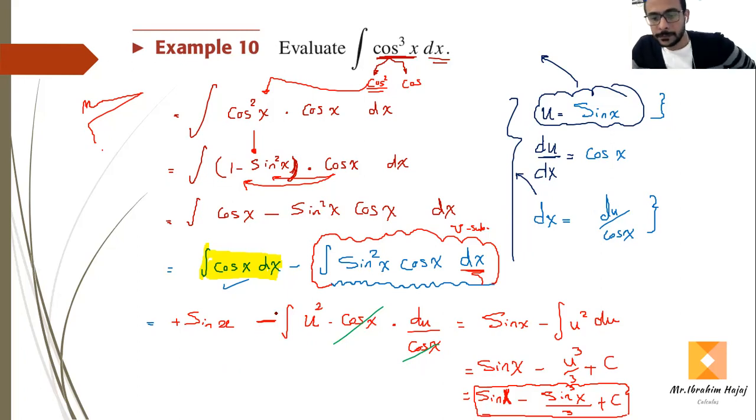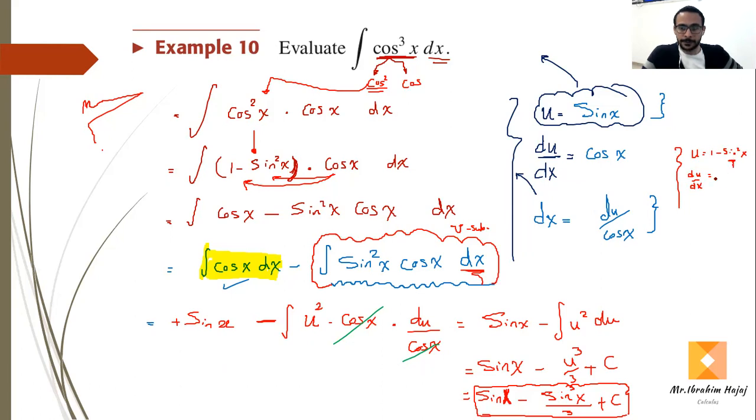Mister, instead of distributing, could we take 1 minus sine squared x as u directly? Let's try. The derivative of u equals 1 minus sine squared x: du over dx is negative, with the chain rule, 2 sine x times cosine x.